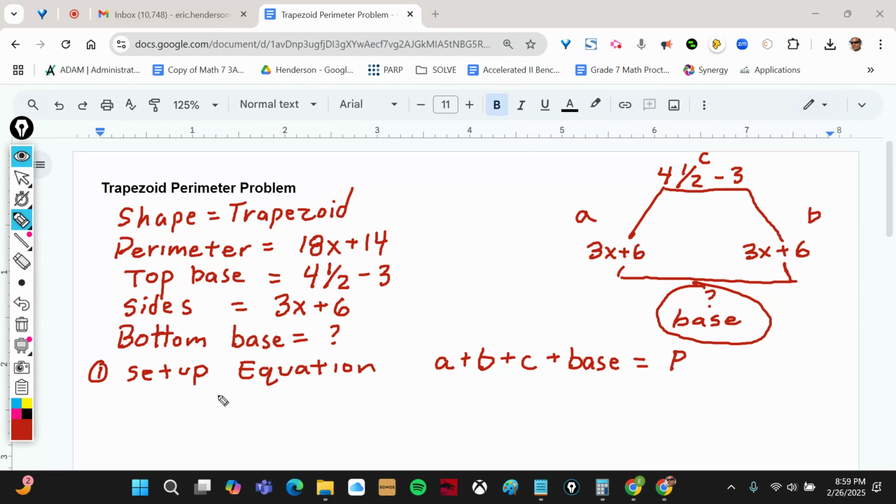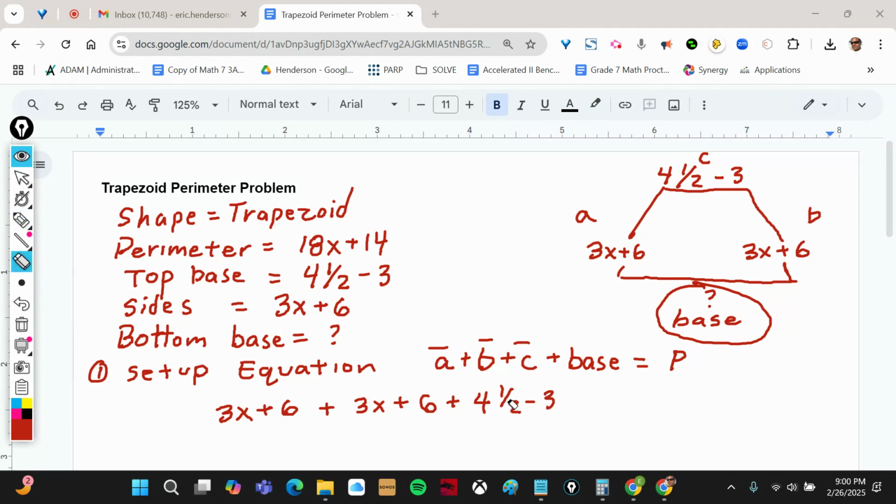So A is 3x plus 6. B equals again 3x plus 6. C is 4½ minus 3. Now you know 4½ is the same as 4.5.